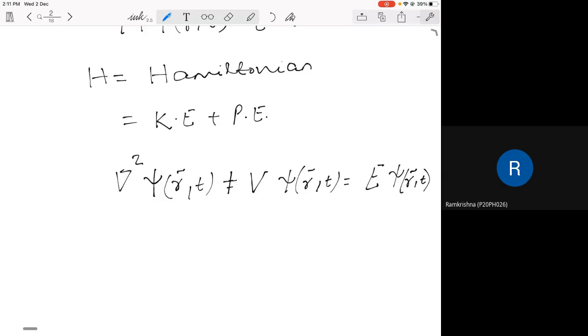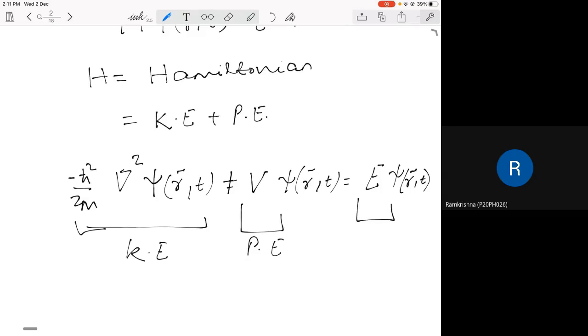It is minus h cross square by 2m del square psi of r,t plus V psi, where this is the potential. So this is your kinetic energy part, and this is your potential energy part, and this is what defines your energy eigenfunctions or eigenvalues.